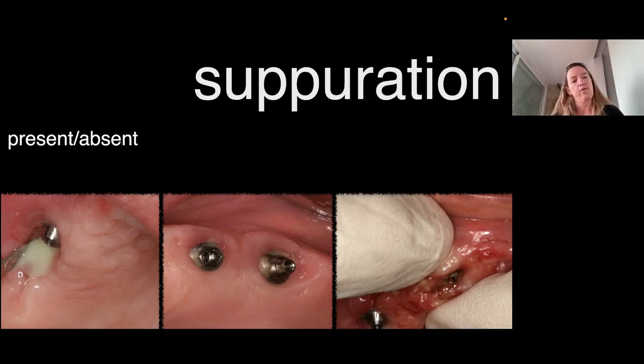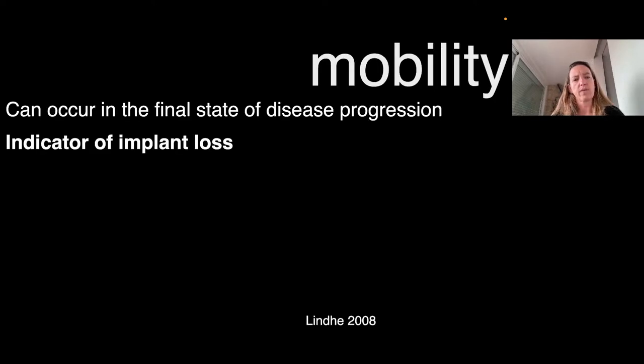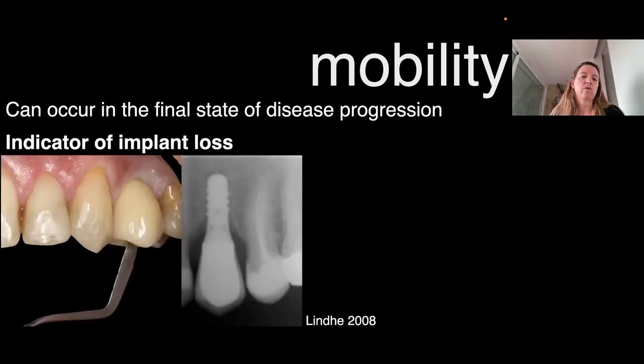The presence of suppuration is associated with infection and associated with a bigger progression of bone loss. Mobility, unfortunately, can occur in the final stage of disease progression. It's an indicator of implant loss. So whenever you find mobility around the implant, the treatment is to remove the implant.